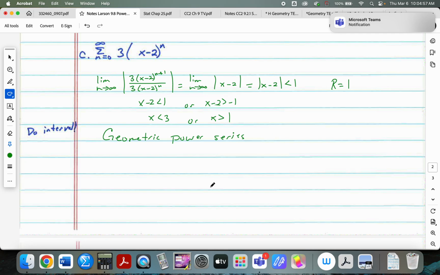Well, isn't that what we ended up with? That r was less than 1? Because this is what we're multiplying by each time. So it turns out that what we call the interval of convergence is from 1 to 3.